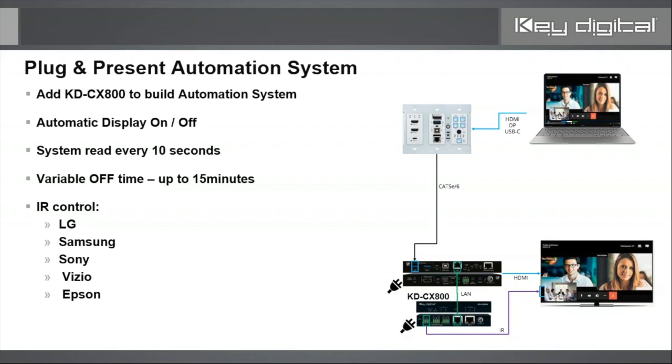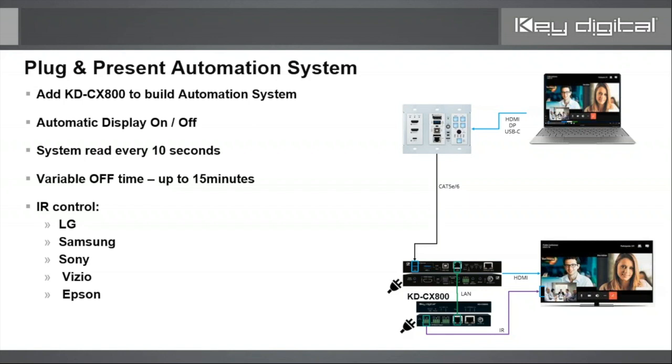The Plug and Present system will read the system every 10 seconds to check, is there a presenter connected or not? And once you unplug the presentation cable, then a timer will begin, and the integrator, through drop-downs of the Key Digital Management software, can choose the system off time.